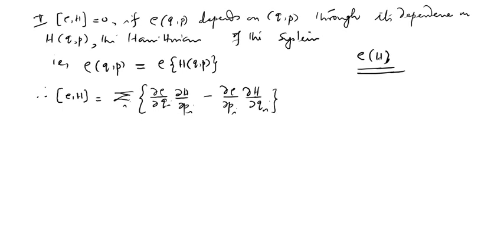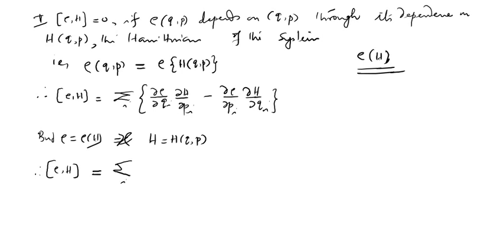But you know that rho is a function of h. Okay, in our case rho is a function of h, and h is a function of q and p. So we have to just use the chain rule in a partial derivative. Therefore, can you just modify the Poisson bracket in the previous equation? That will be the sum over i. How should I write dou rho by dou q?